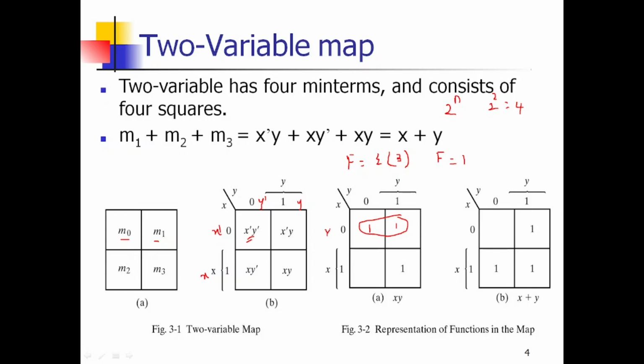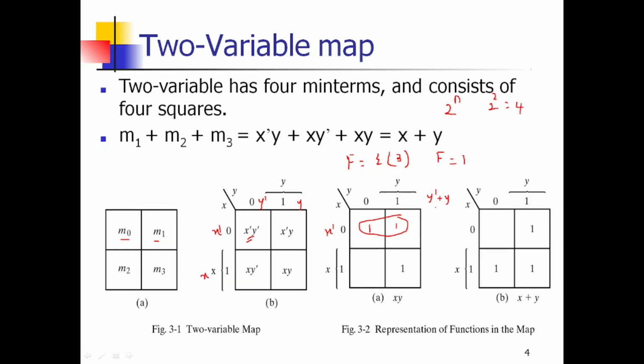Here we will be having x dash, and we have to fold this square to put on this square, so that this y will sit on this y dash, so that we can say y dash plus y will come.